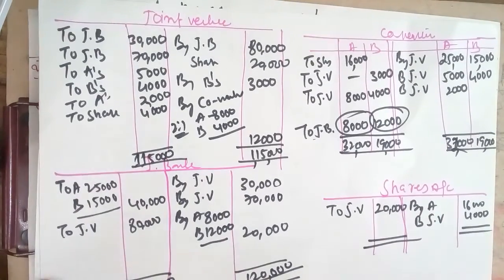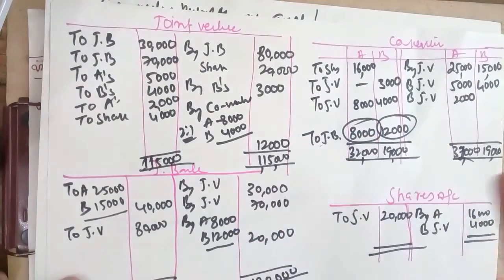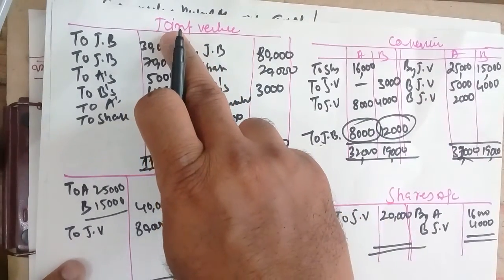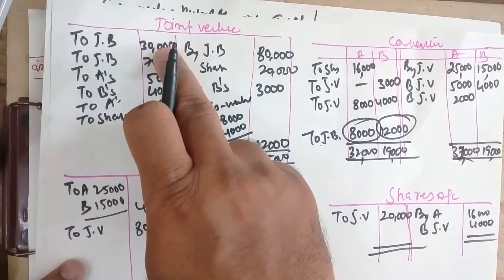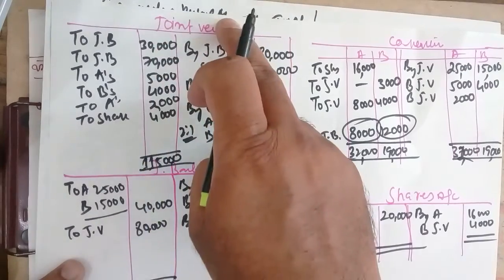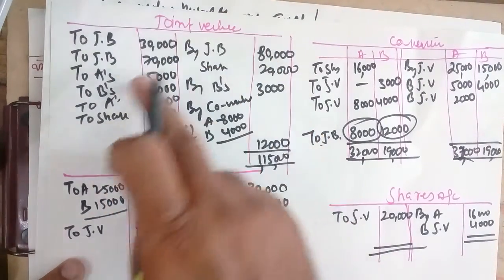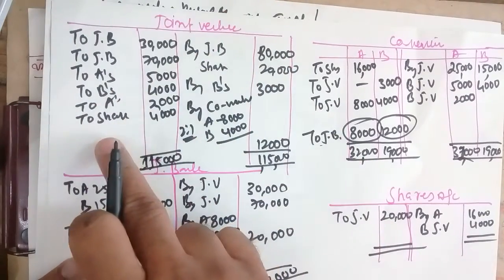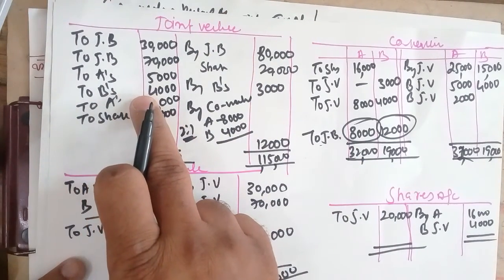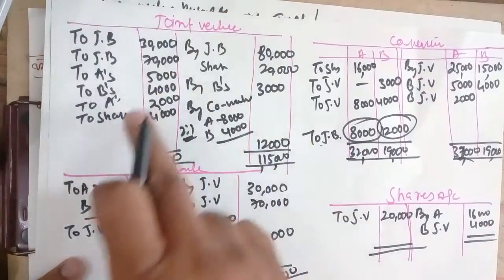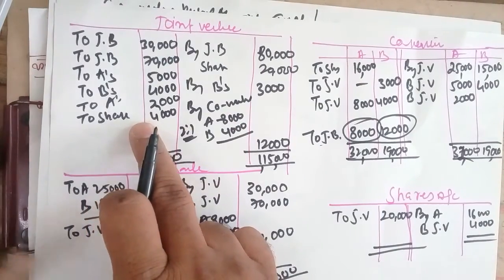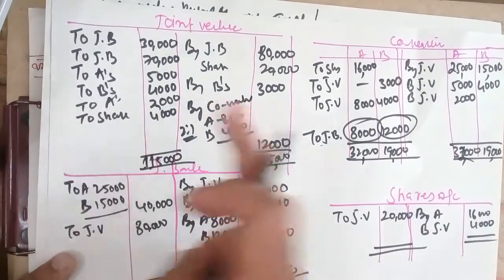When you are asked to write the journal entries, again the same procedure, easily you can write them. The entry would be joint venture account debit to joint bank, joint venture account debit to A, joint venture account debit to B, joint venture account debit to shares. This is the consolidated entry we need to pass.